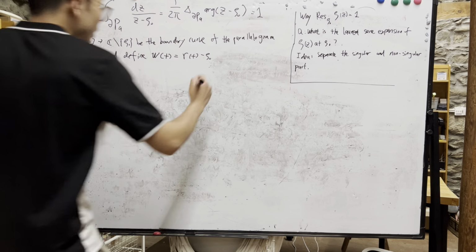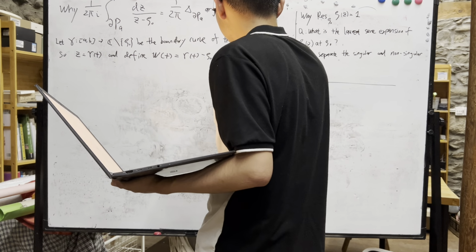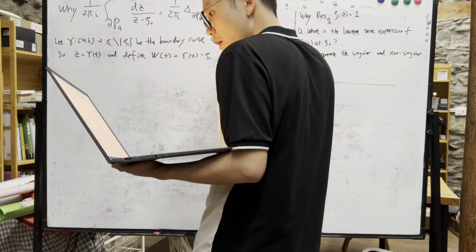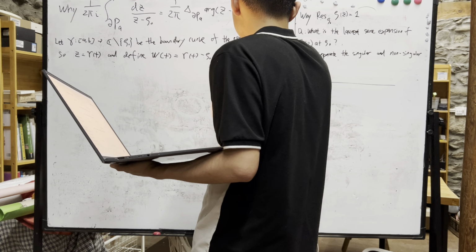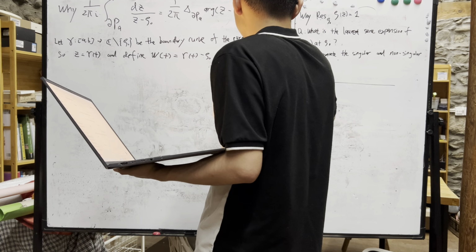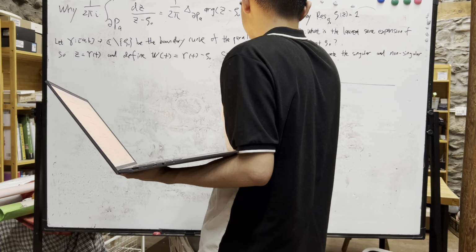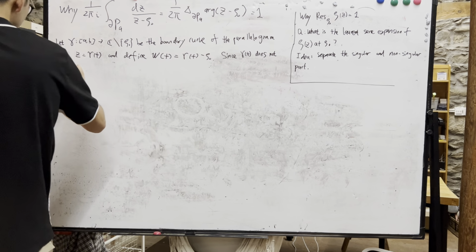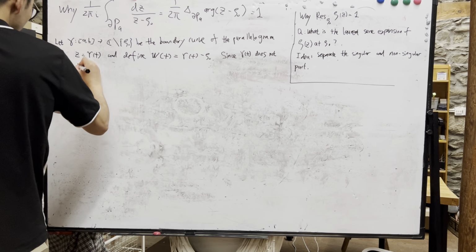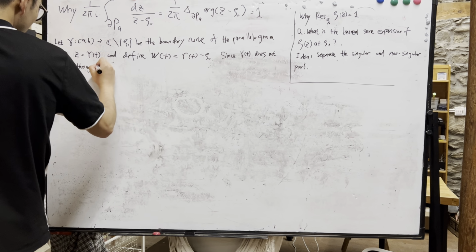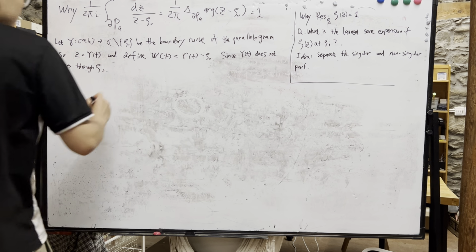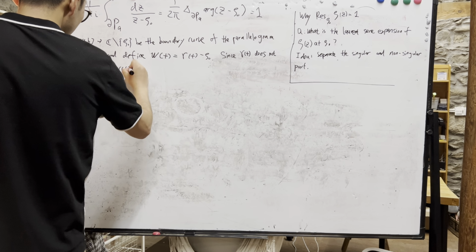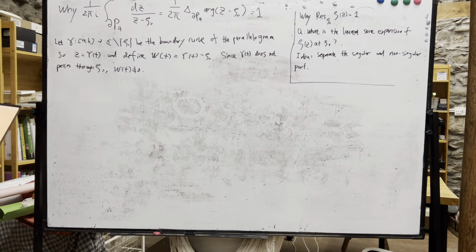Since the boundary gamma of t does not pass through zeta naught, we have that this is not equal to 0.